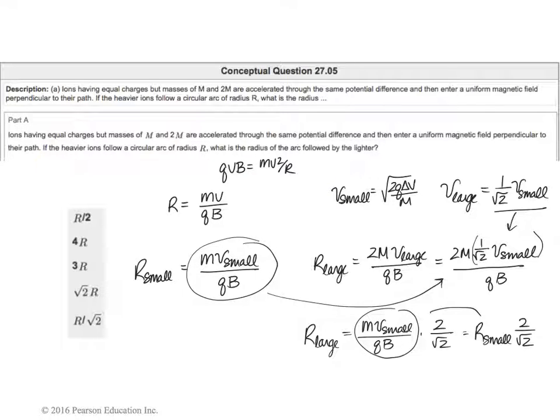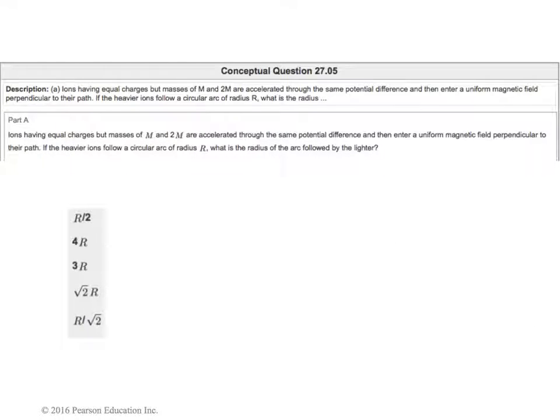And so this is giving me a relationship between the radius of the small particle and the radius of the large. Since we're running out of room, I'm going to write it again. So I get the radius of the large particle was equal to the radius of the small particle times 2 over the square root of 2, which could also be written as the radius of the small times the square root of 2.